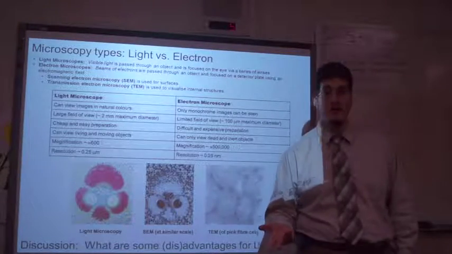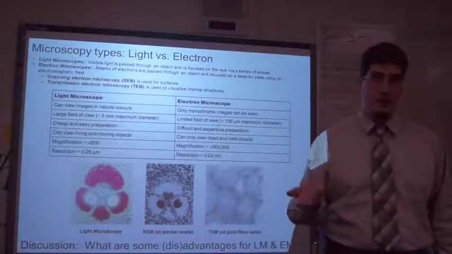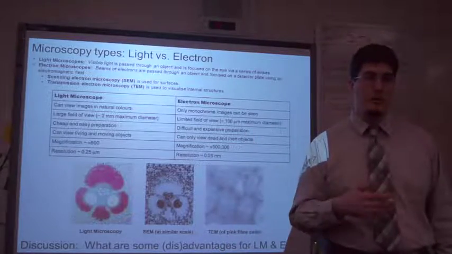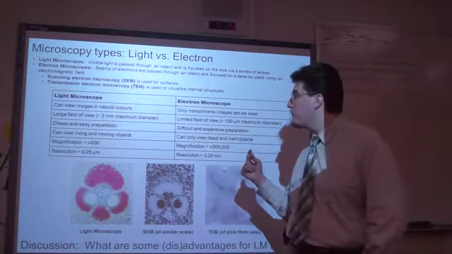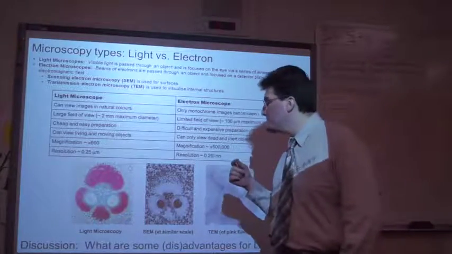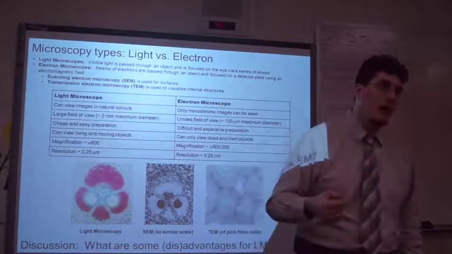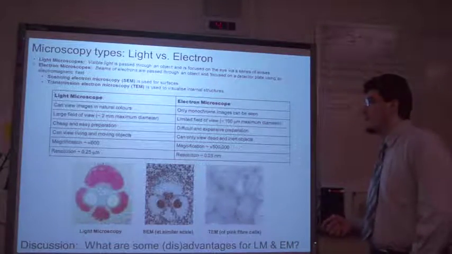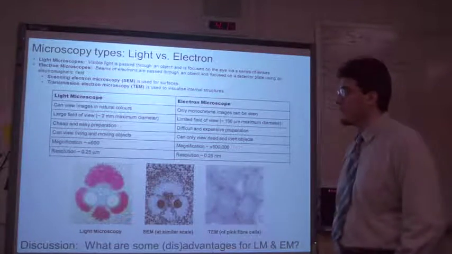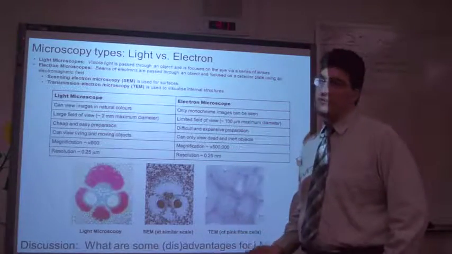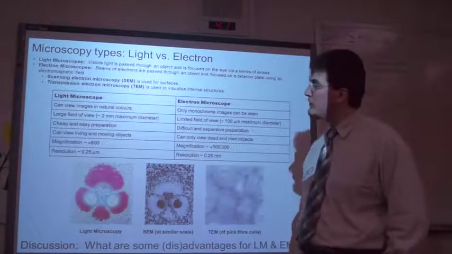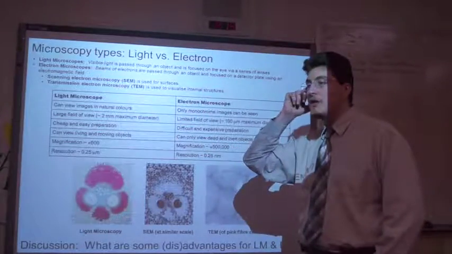You can't prepare a waterborne sample on an electron microscope. It will not have water in it anymore. It will be dead. If you want to see it move, it needs to be under a light microscope.